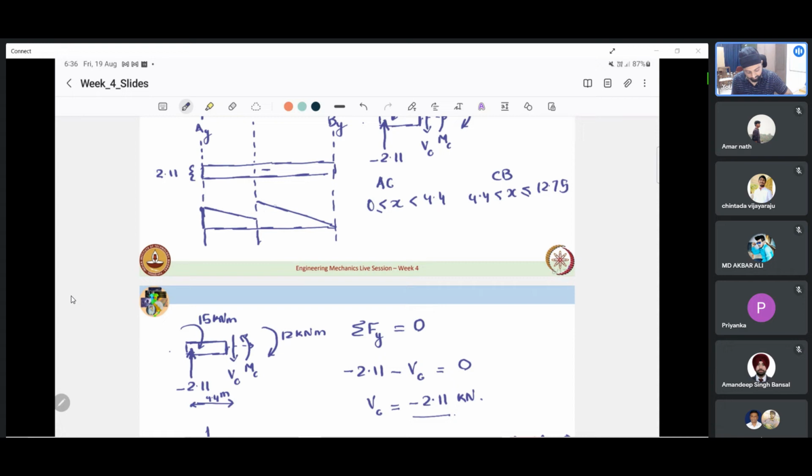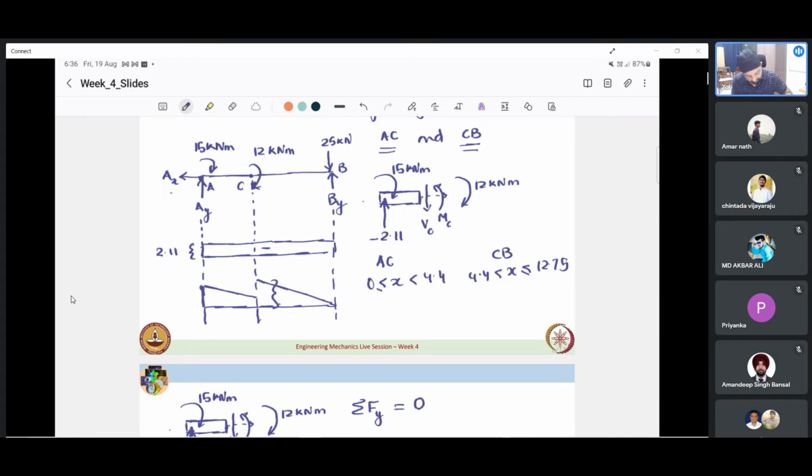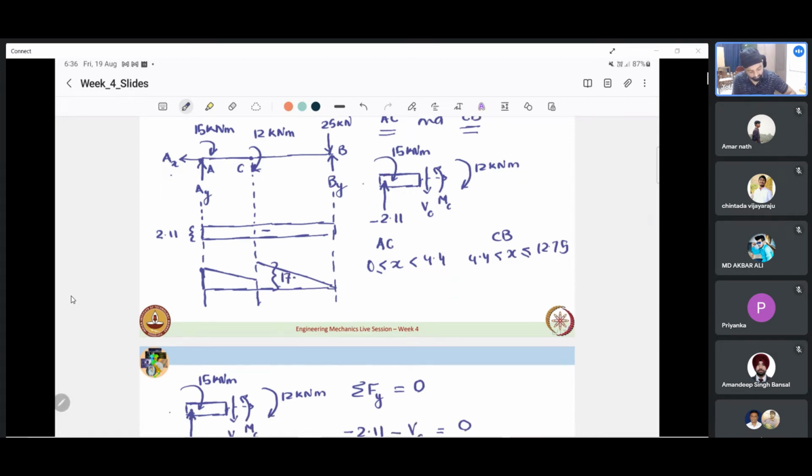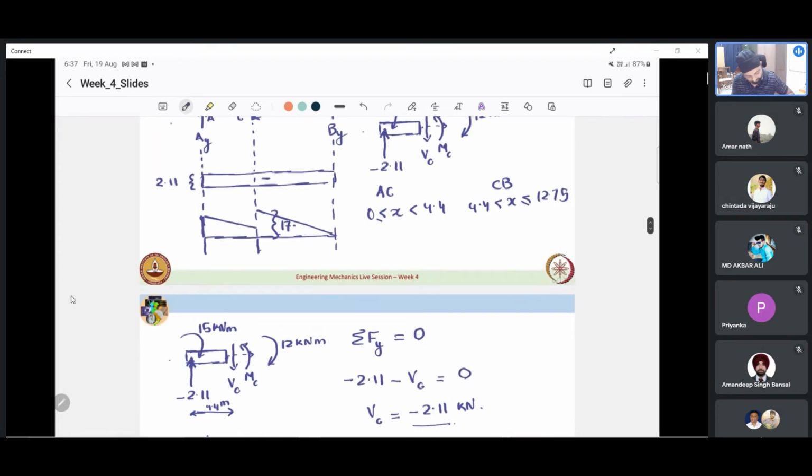So here, what will this magnitude be? It will be minus 25, which is 27.11 minus 25, 2.11 into 12.75 minus 4.4, which comes out to 17, which is what we had got from here, 17.716.